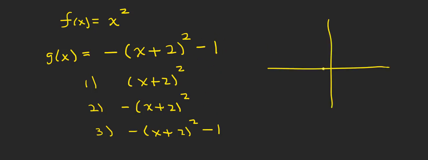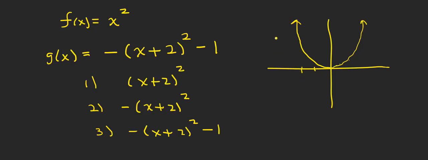So if you were to sketch this without the graphing calculator, you first want to sketch y equals x squared. And then it's going to move to the left twice.